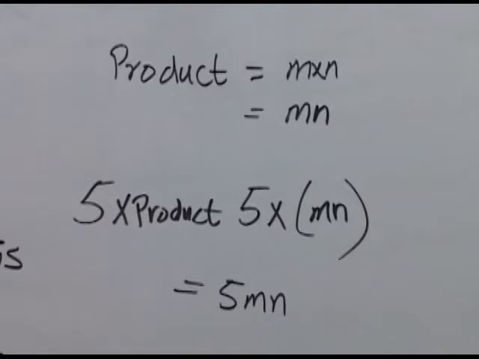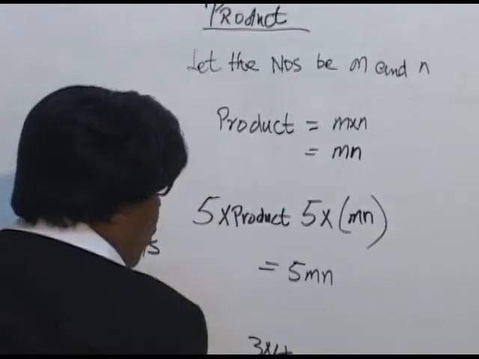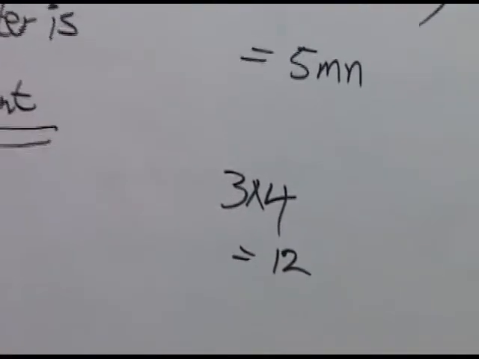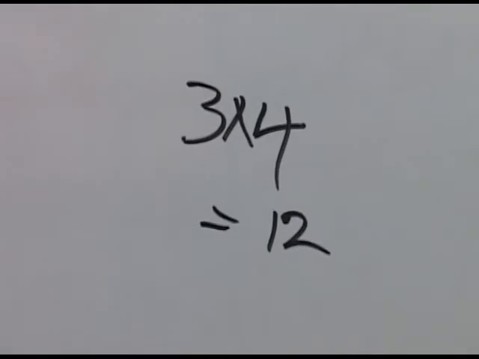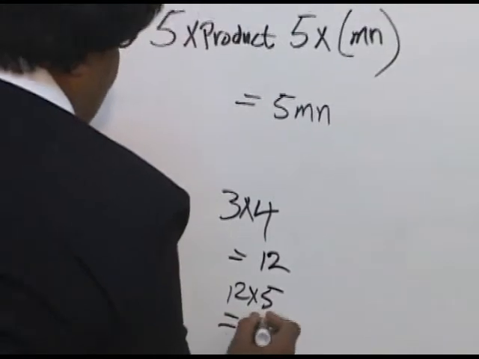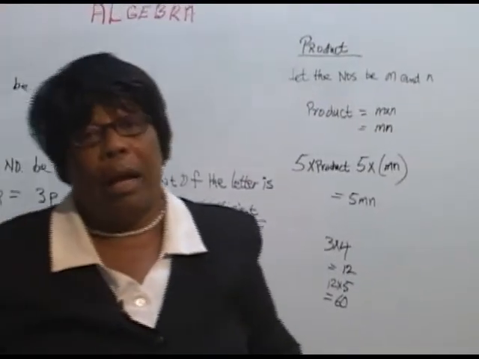If I had given you specific numbers and had said you want to find the product of 3 times 4, you would have said it is 12, and then somebody went further to say, and I want 5 times that, then it would have been 12 times 5, which is equal to 60. The operation holds the same when we are dealing with letters, and that is what basic algebra is all about.